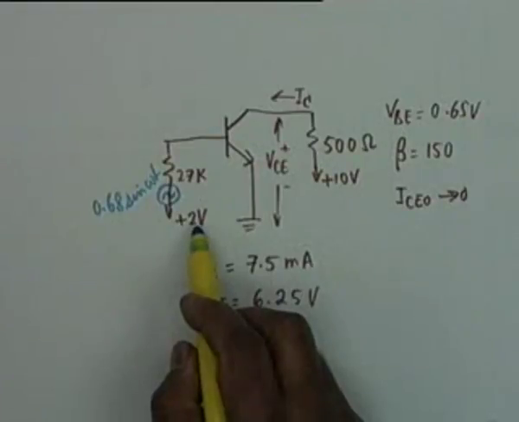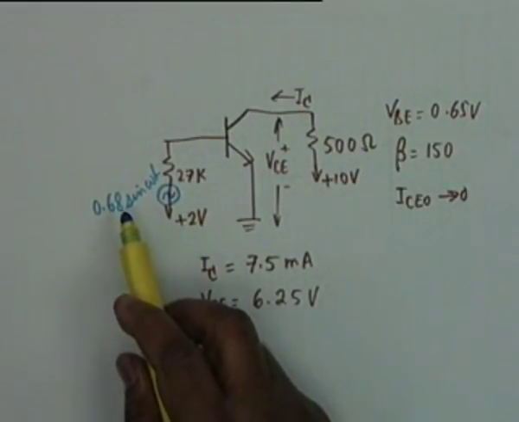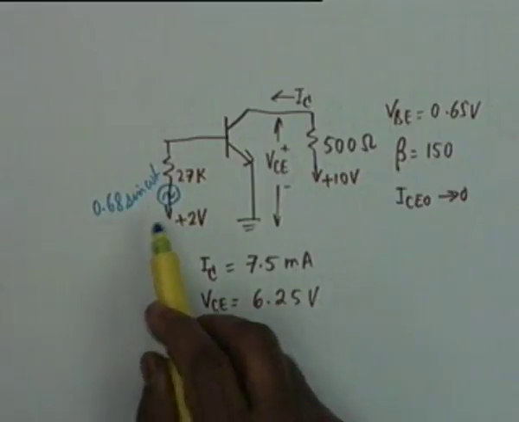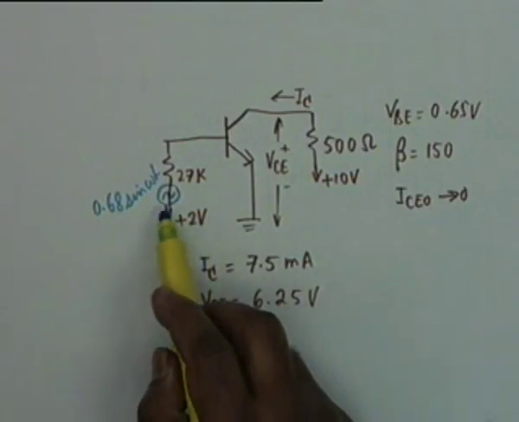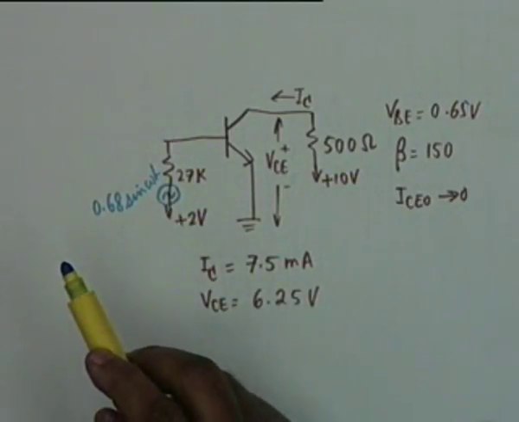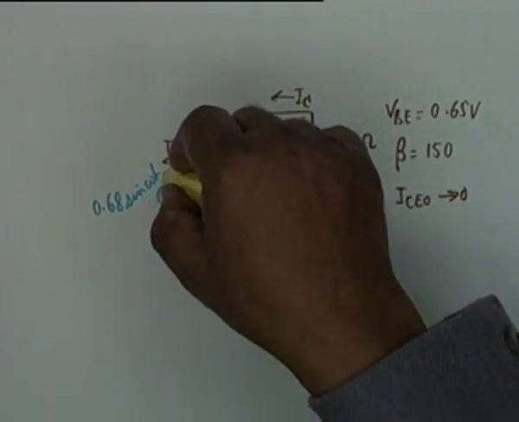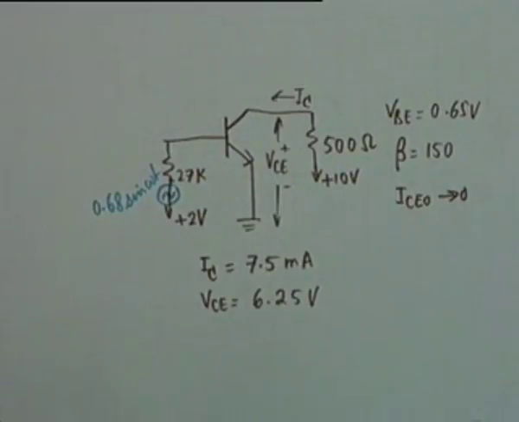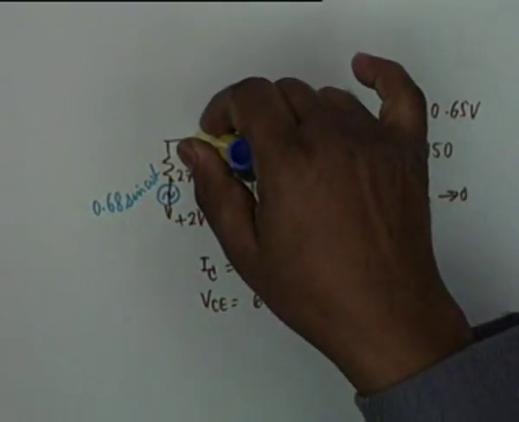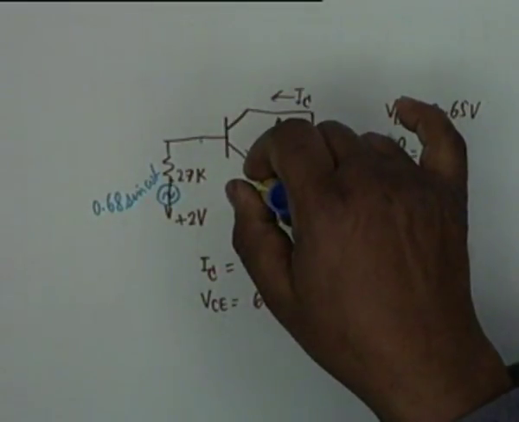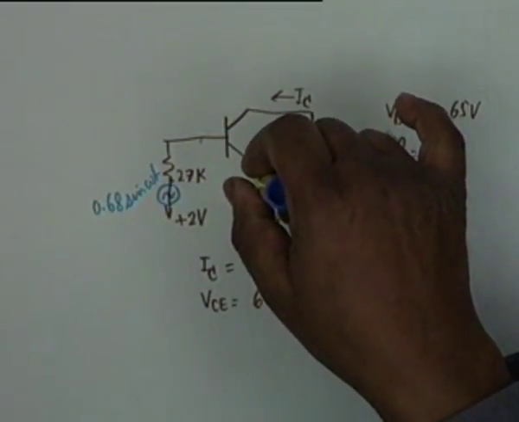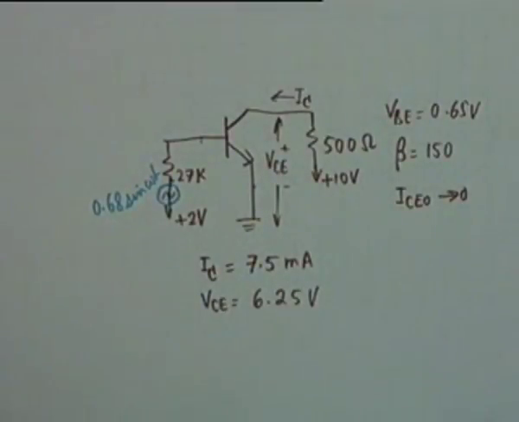Because compared to 2, this is small, okay, 0.68. Now you notice that the maxima and minima of the voltage that is applied to the end of 27K is 2.68 and 1.32, whereas this voltage is required to be 0.65. Alright, so it is within limits.